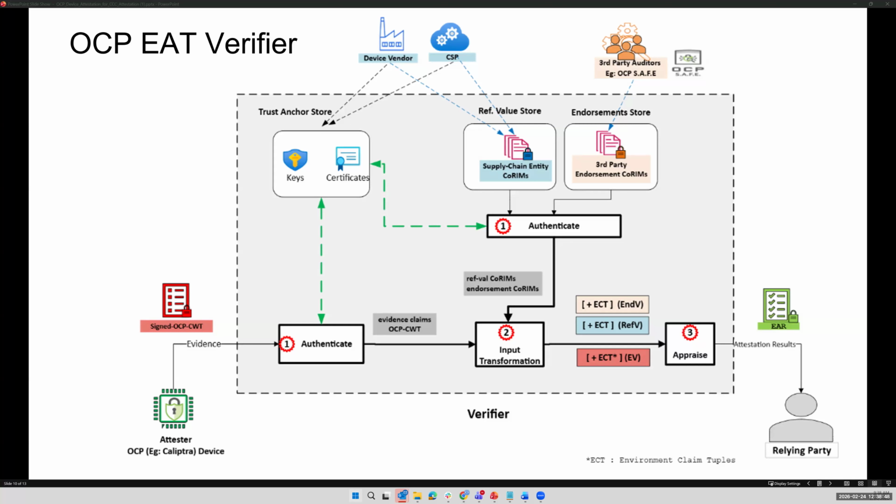Based on the result of each target environment appraisal, it provides an attestation result in a relying party specific format.